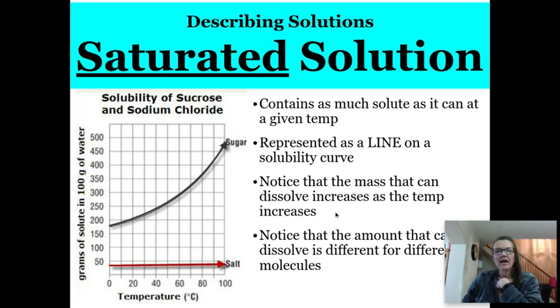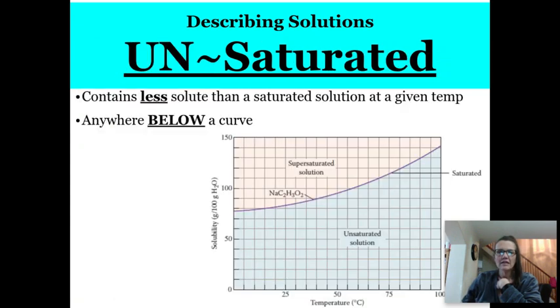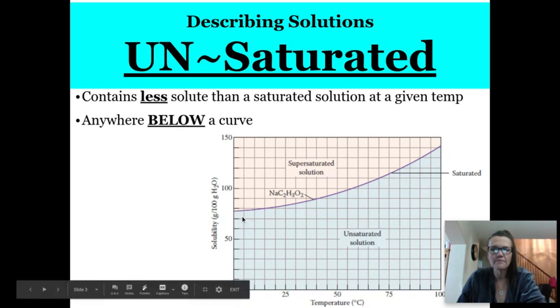Then how about unsaturated? As we know, the prefix un, like under, means below. So an unsaturated solution is anything that contains less than a saturated solution, so less than the line. This is a curve for sodium acetate.